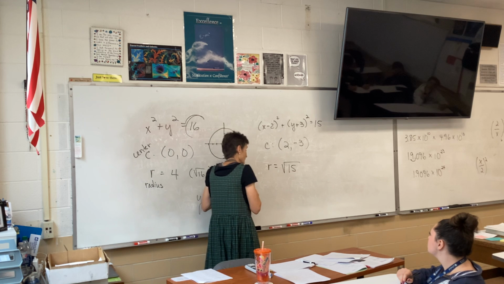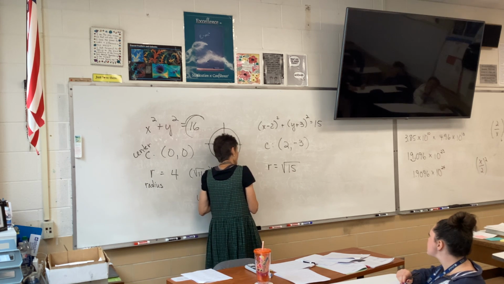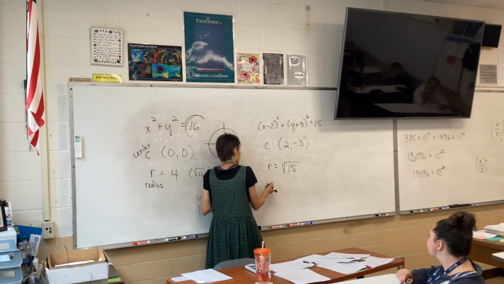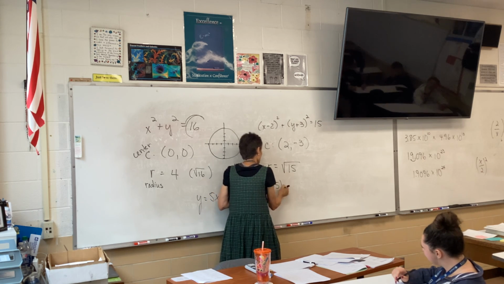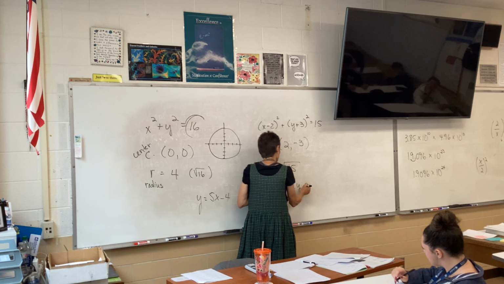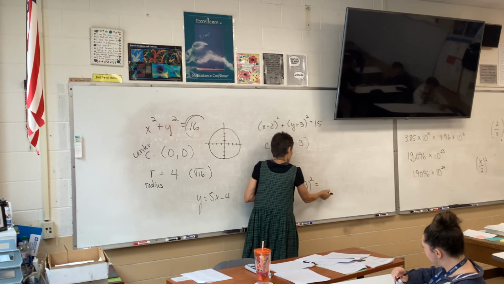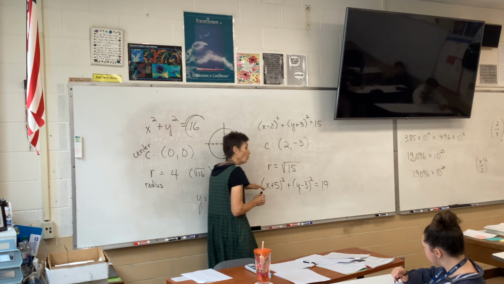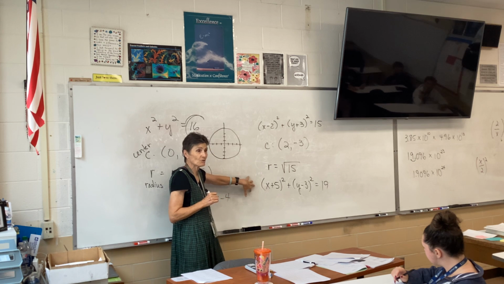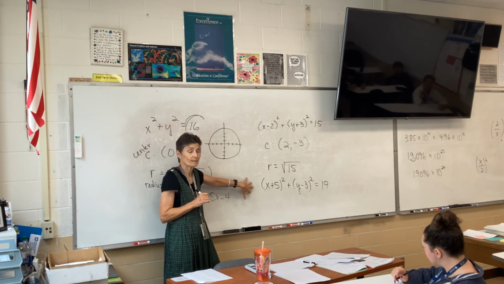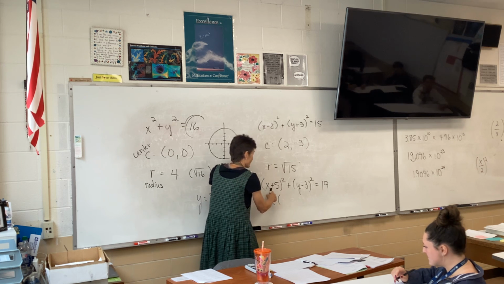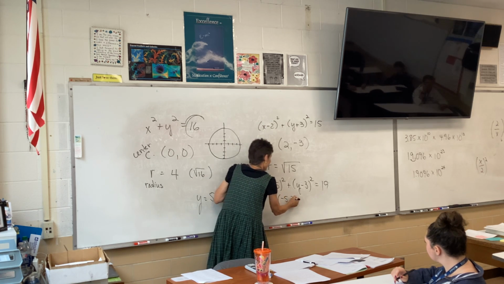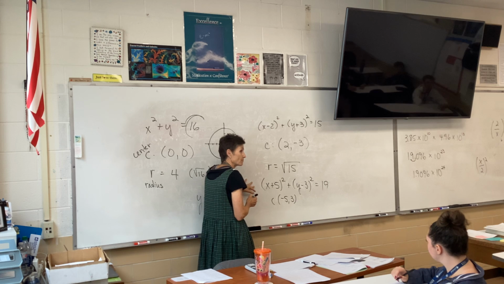Normally, you guys have spent a little time with that, but last year, who knows? So let me throw another one up here real quick, just a new problem. X plus 5 squared plus y minus 3 squared equals 19. Where would the center of this circle be? The center would be at negative 5, positive 3.